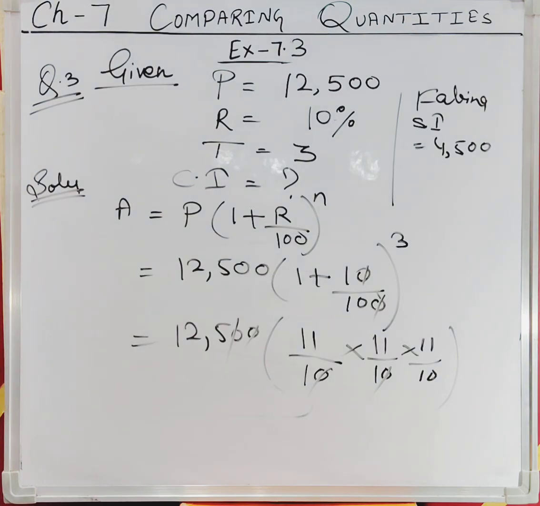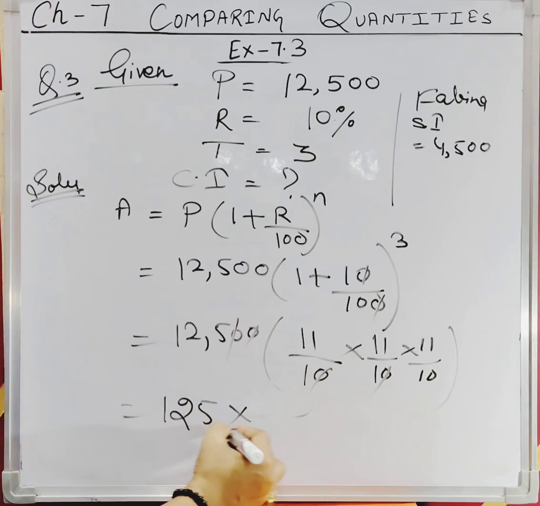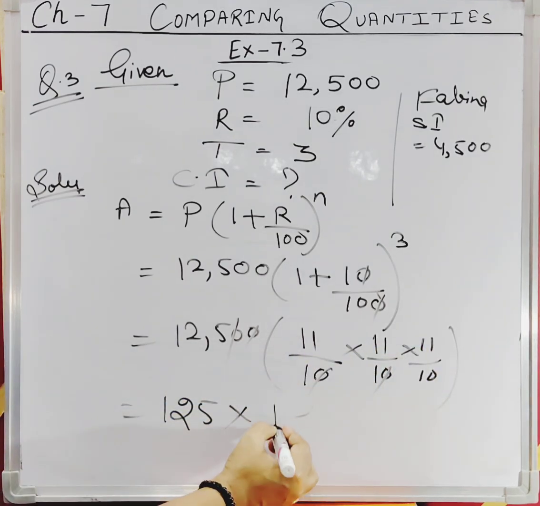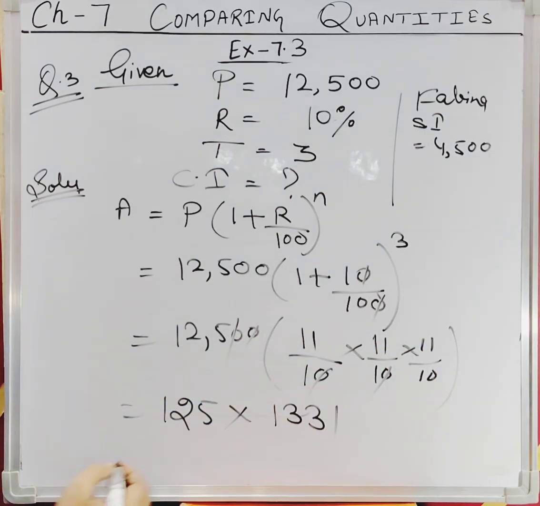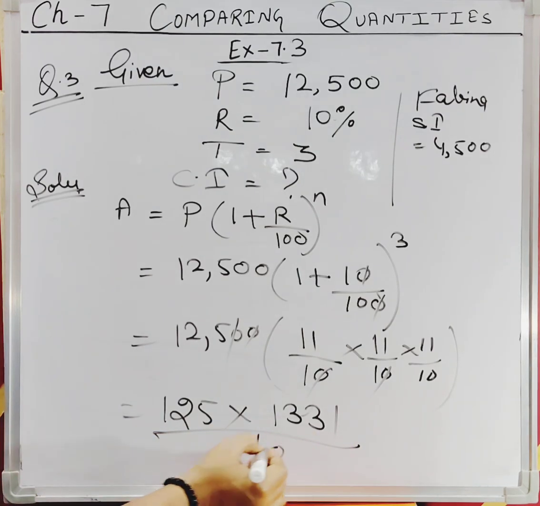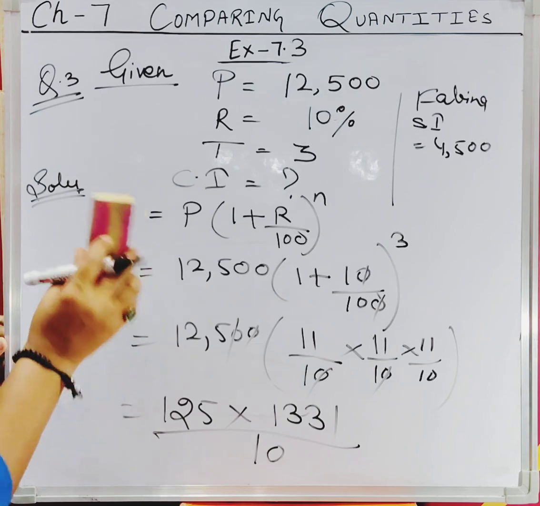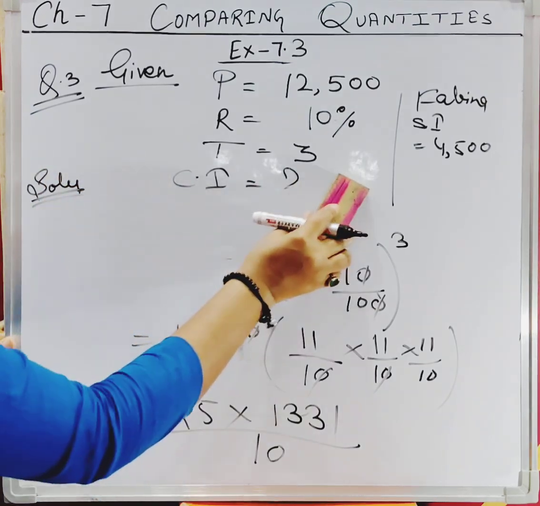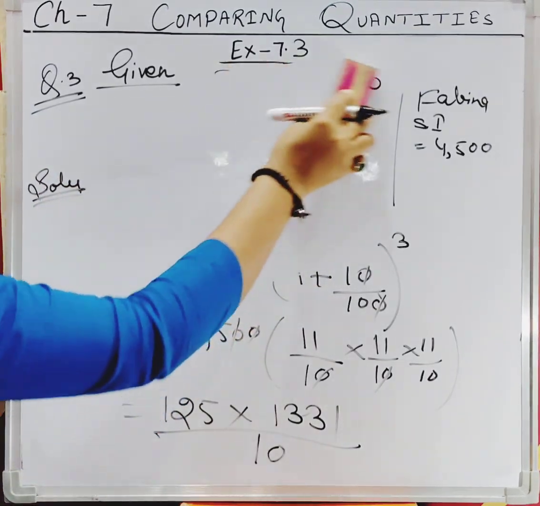So we have 11 multiply 11, so you will be getting 125 multiply 11. Cube of 11 is 1331 upon 10.